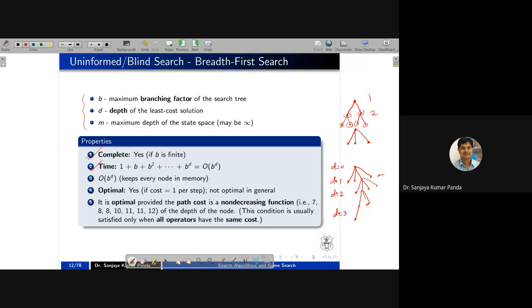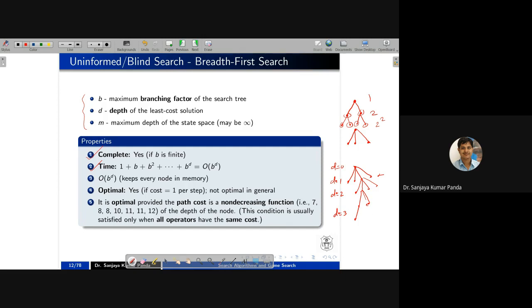So how many nodes are there? It is b to the power 2, that is 2 to the power 2, which is 4. In this way, it is 1 plus b plus b square up to b to the power d. So it is order of b to the power d. This is the time complexity.